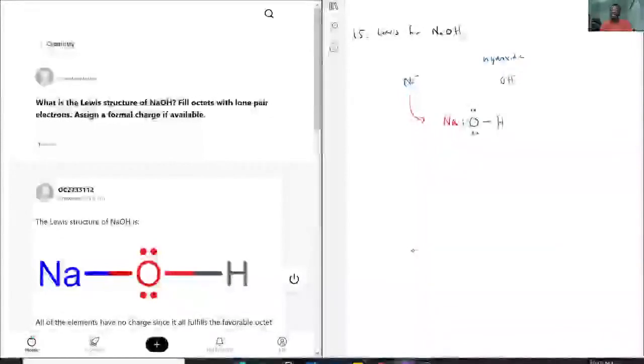Okay, so let's see what formal charges we can do. If we redrew this to where it just has NaOH, we can now ask, what is the formal charge for each one? Sodium by itself just has 1 bond, which is what it's doing there, so its formal charge is 0.